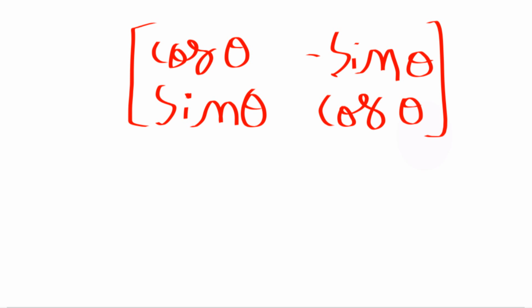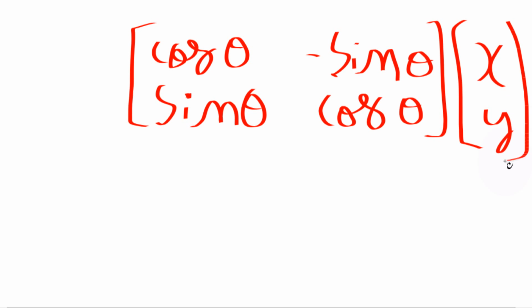So this is the matrix for rotation, and then we multiply it with x and y so that we get the new points x dash, y dash.